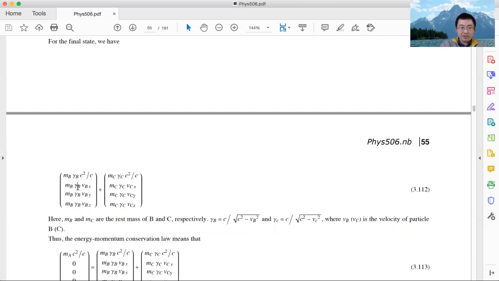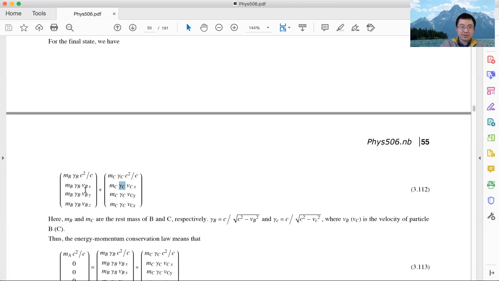This gamma b is the gamma for particle B, which is the speed of light over the square root of c squared minus velocity of B squared. For the C particle it's the same: rest mass times gamma times velocity. The gamma for the C particle is the same formula, except the velocity should be the velocity of the C particle.